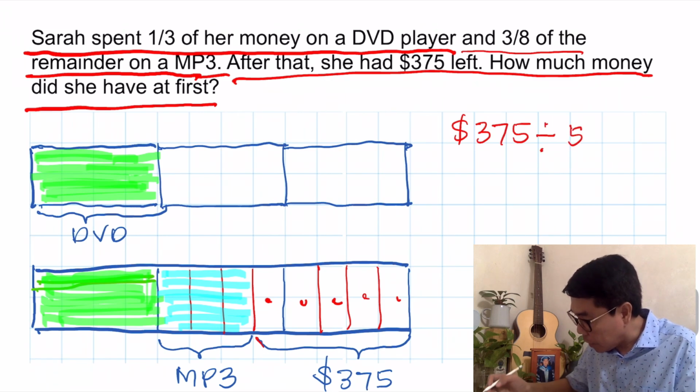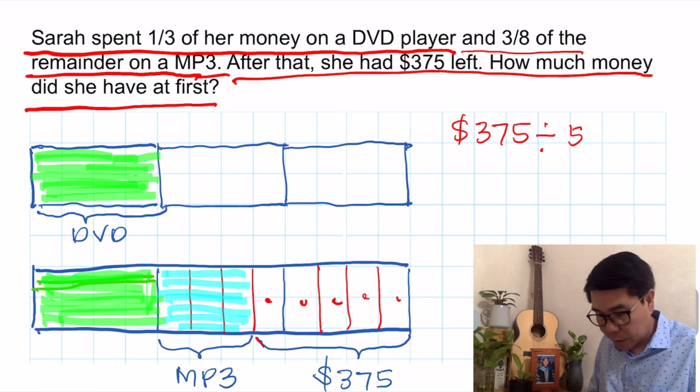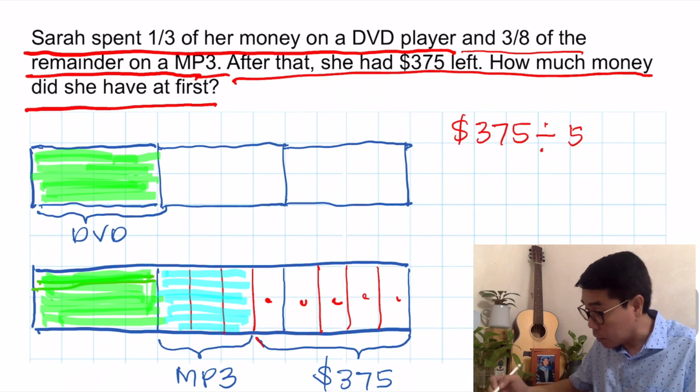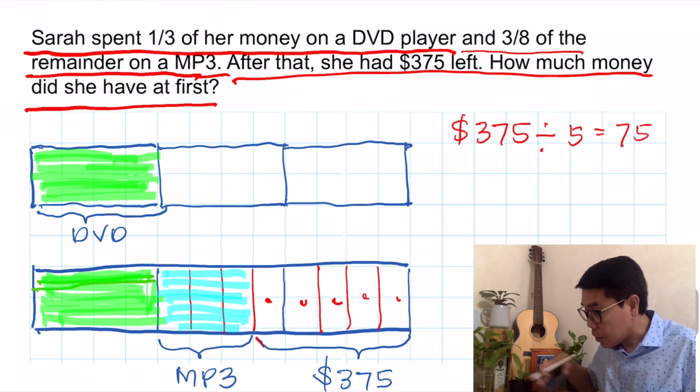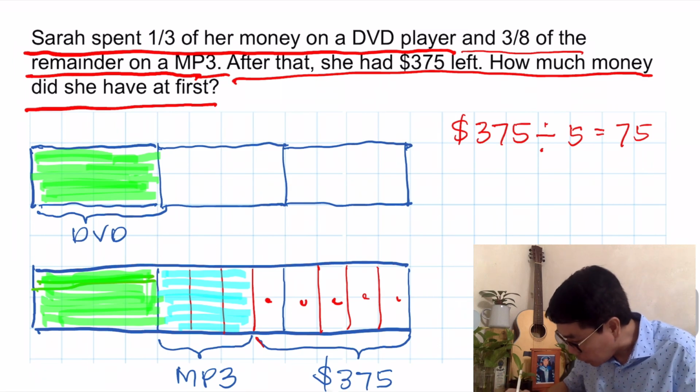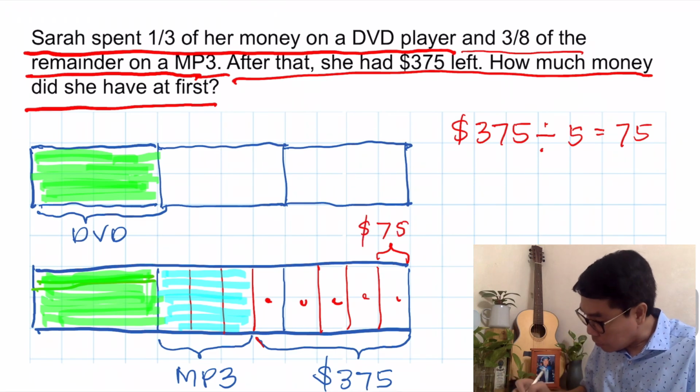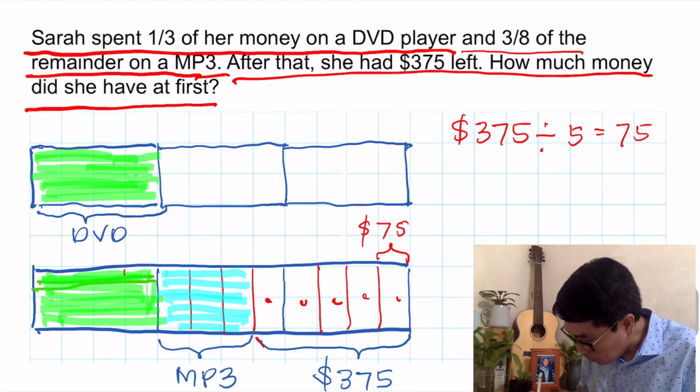So let's divide 375 by 5. 375 divided by 5 is equal to 75. So this part is $75.